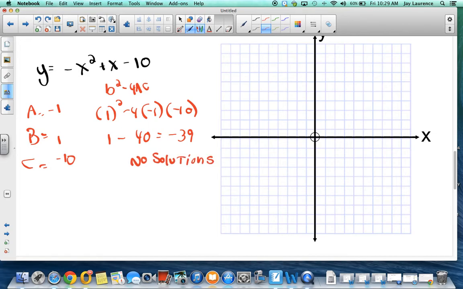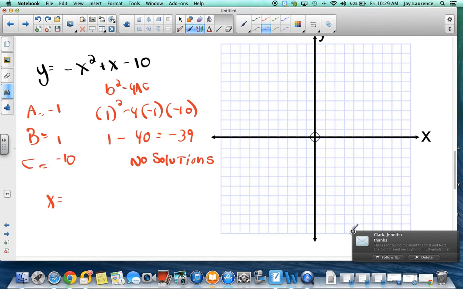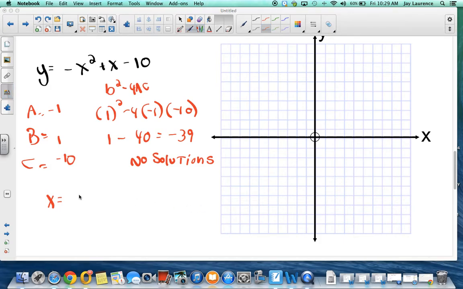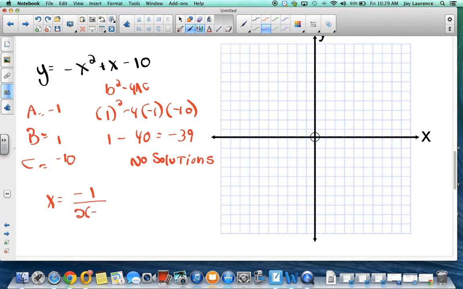No solutions. I can still graph it. Go find the axis of symmetry and the vertex. x equals negative b over 2a. Okay, which looks like it's going to be a half. So my axis of symmetry is at x equals 1/2.